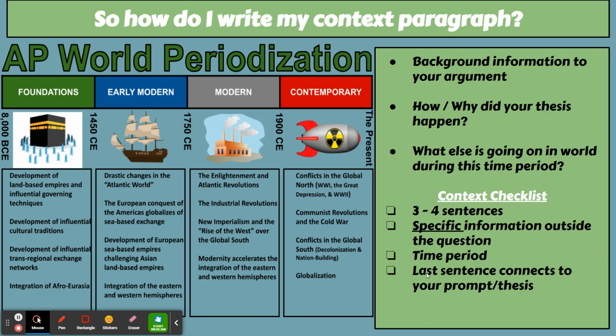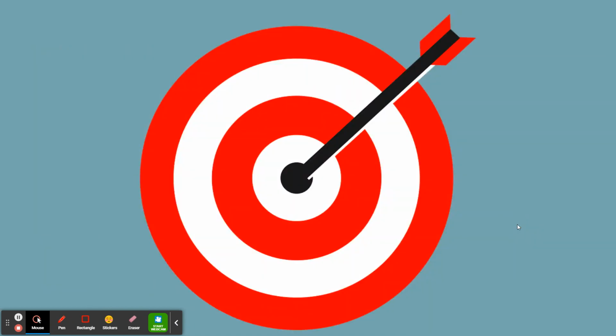So what is an example of a thesis? Well, some people think of a thesis as a bullseye, right? In the middle of that bullseye where you have the arrow going in, that is your thesis statement. That's the claim you make with your line of reasons, however many reasons you give, whether it's 2 or 3.